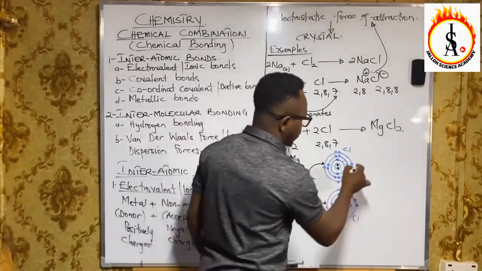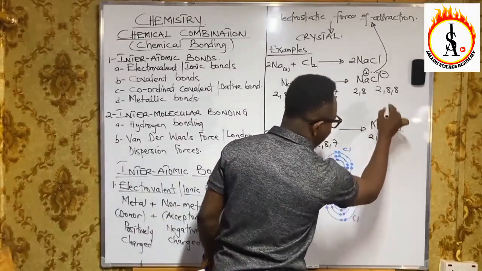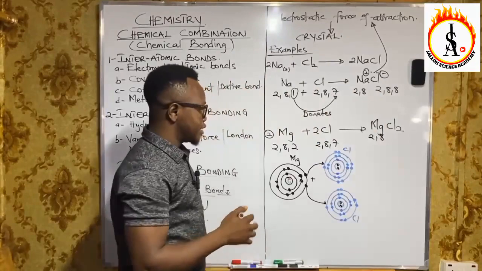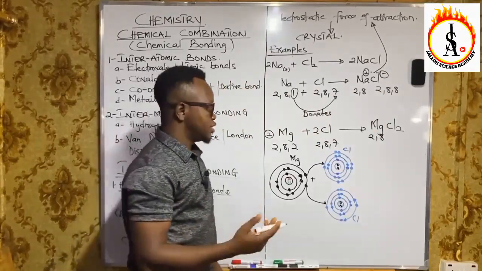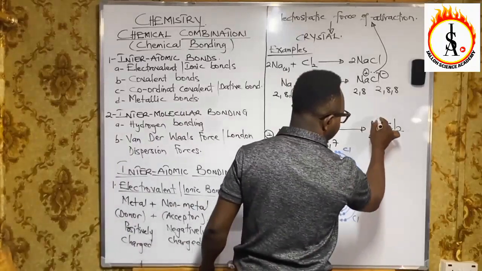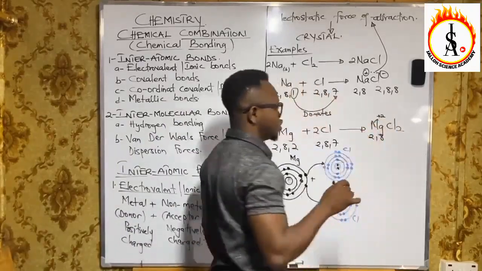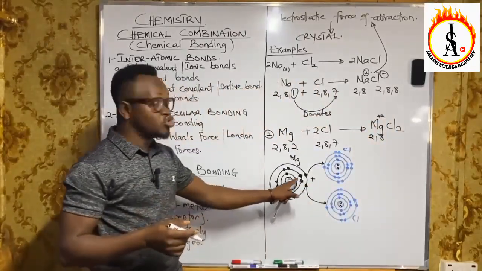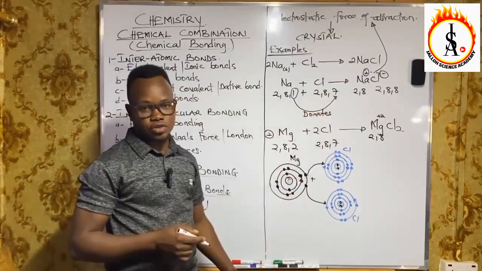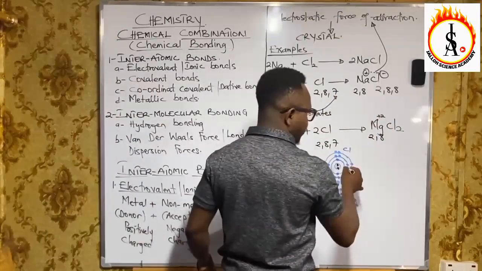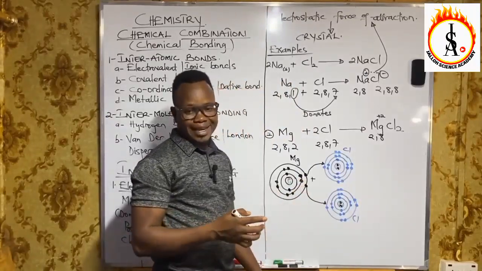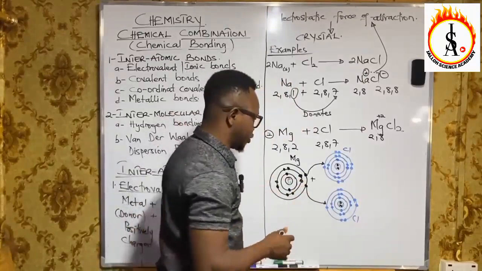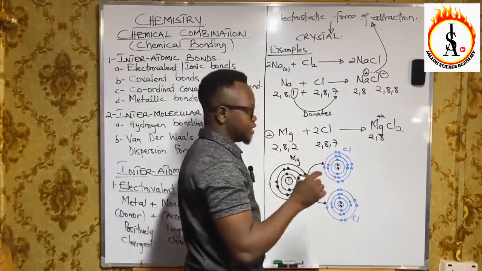So when this electron is donated, the configuration of magnesium is now going to change from 2, 8, 2 to 2, 8, attaining the structure of a neon, a noble gas, and thereby getting a charge of +2. Why +2? Because it has donated 2 electrons. And these chlorine atoms, each of them is going to get a -1 charge because each one is accepting an electron.